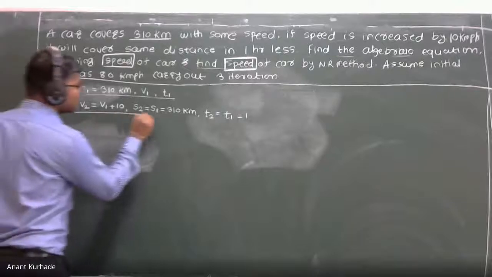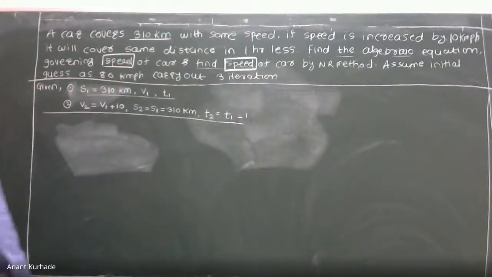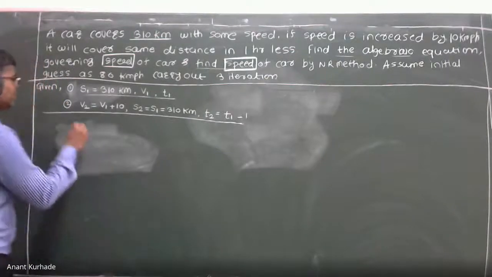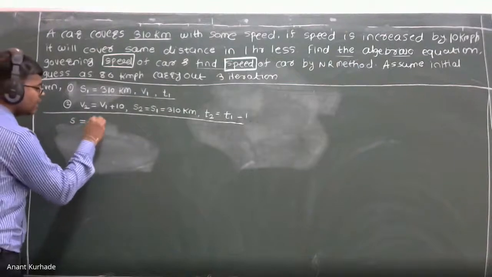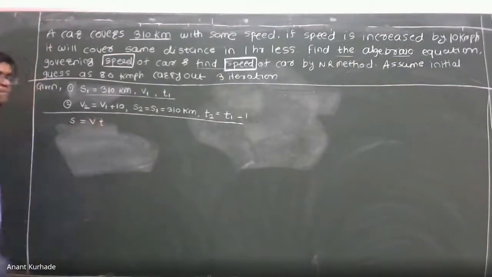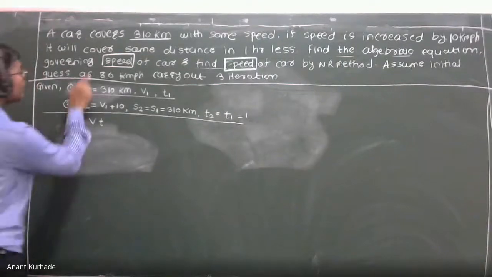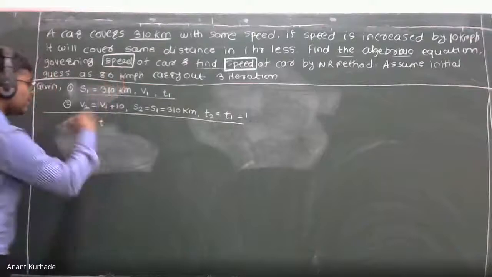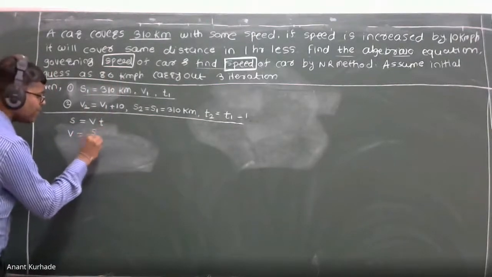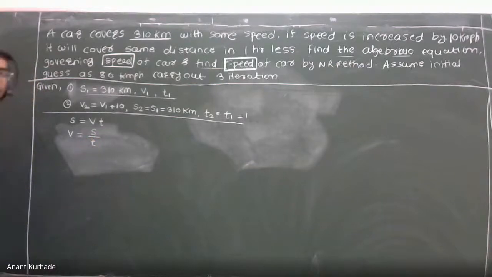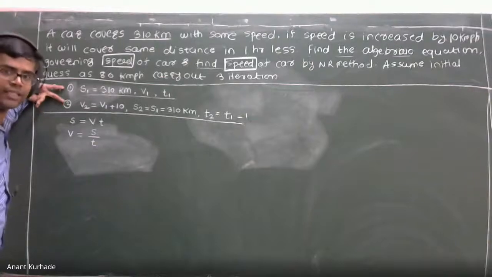After writing the given data, you must know the relation between distance, time, and velocity. We know that S is equal to V into T. But now we have to form the equation in terms of speed, so rearrange for speed: V is equal to S upon T. There are two conditions.